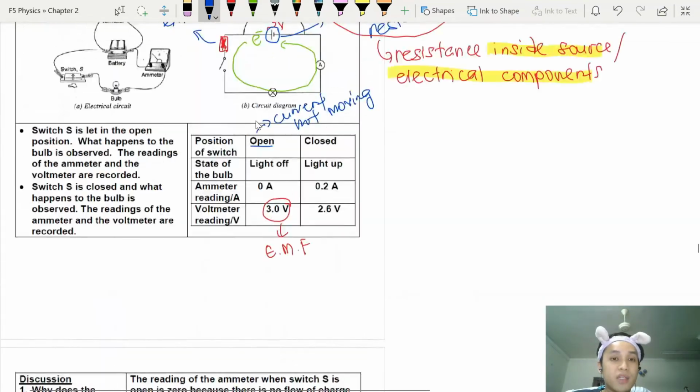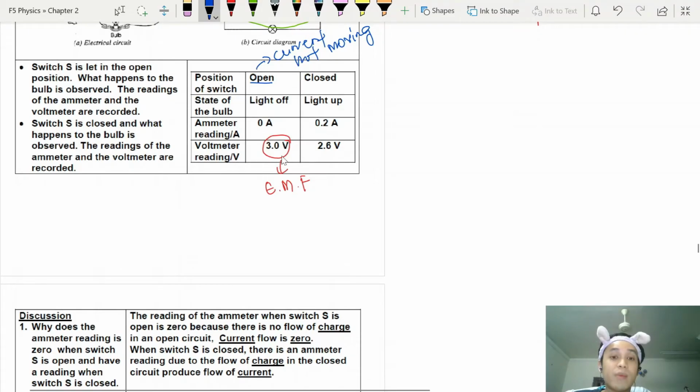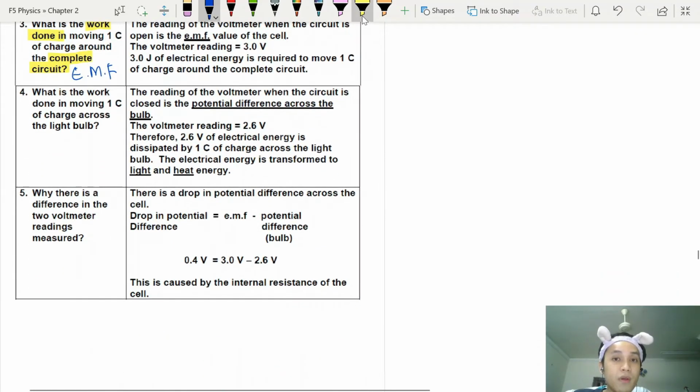So technically in this case, this is your EMF. I did mention this now. But if they ask you the work done in moving 1 coulomb of charge across light bulb, this one they are asking for the potential difference. Now your potential difference is lower. Meaning that when the electrons travel, they are releasing 2.6 joules of energy.